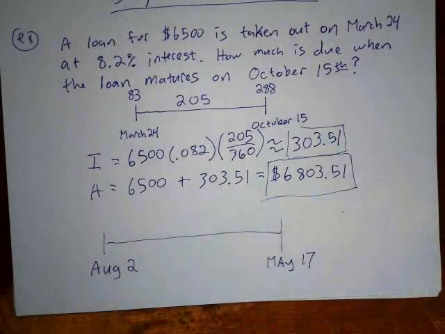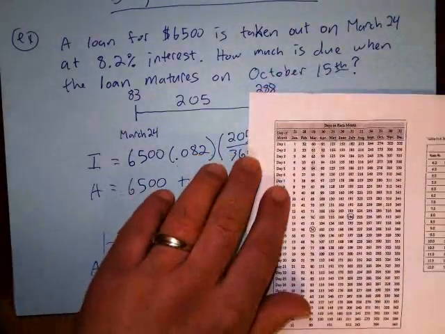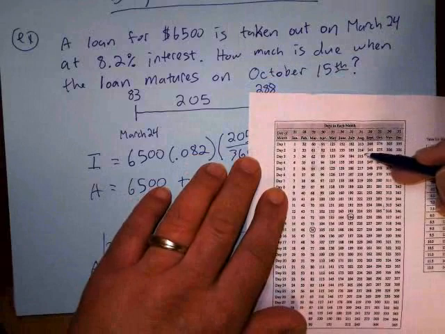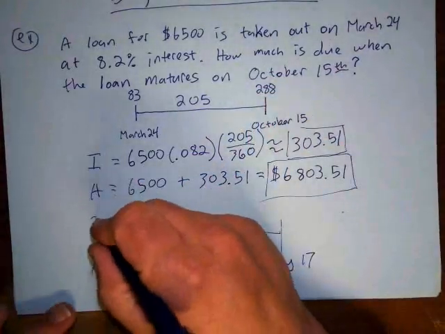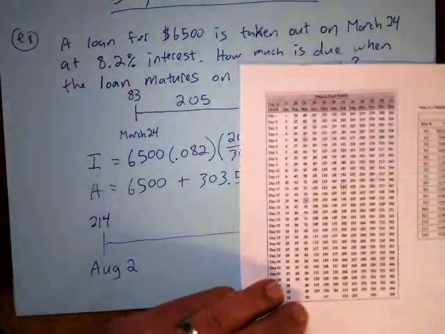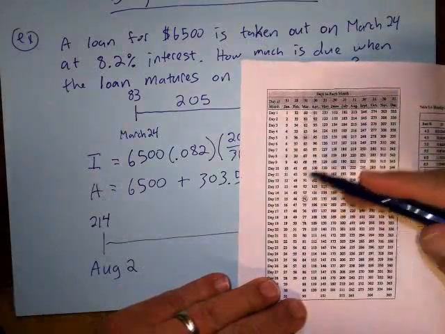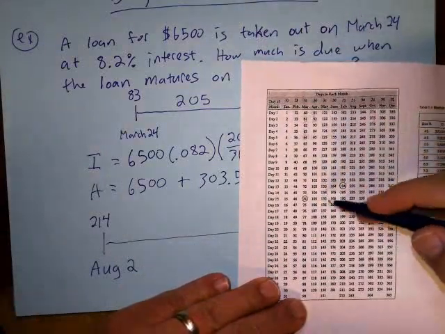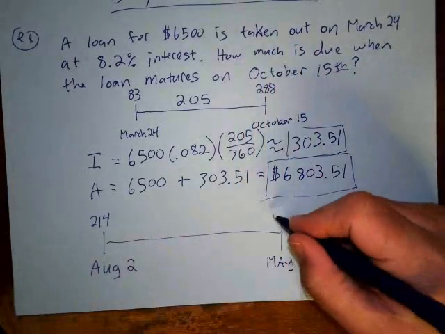Well, you're going to find these two numbers like you did before. So August 2nd is 214. May 17th is 137.